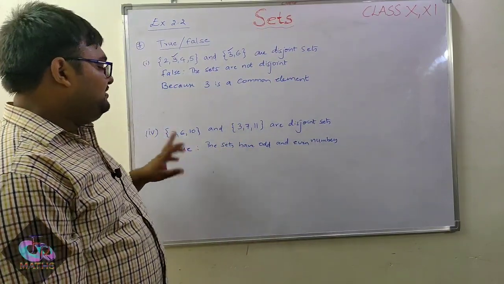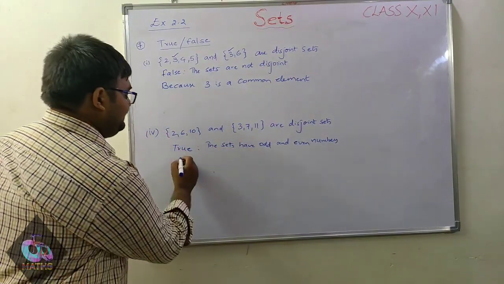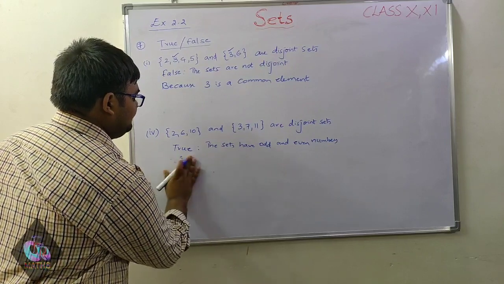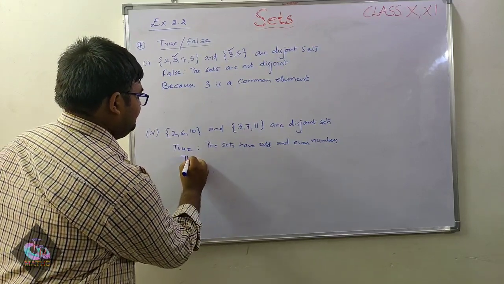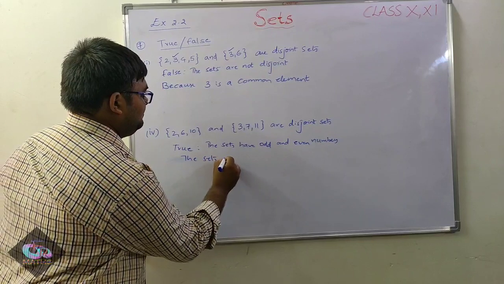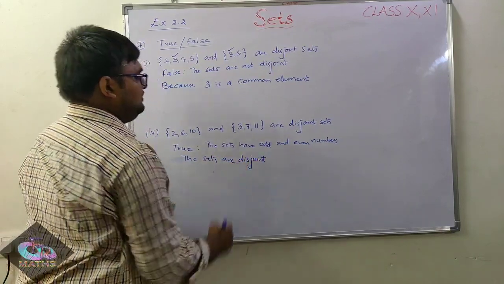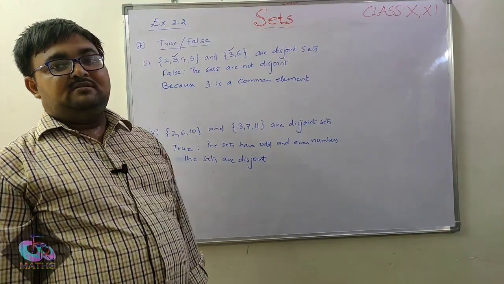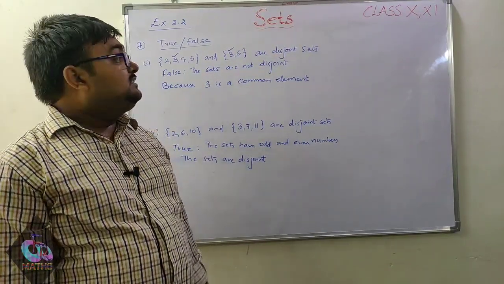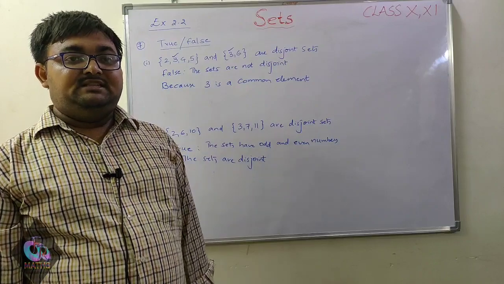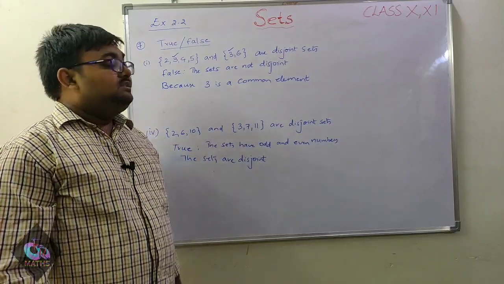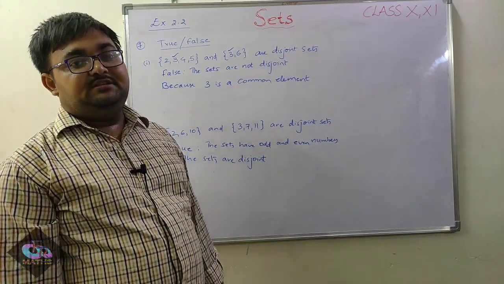Hence they are disjoint. So clearly, the sets are disjoint. Please try to complete the leftover problems in this exercise. The remaining problems we will discuss in the next session.